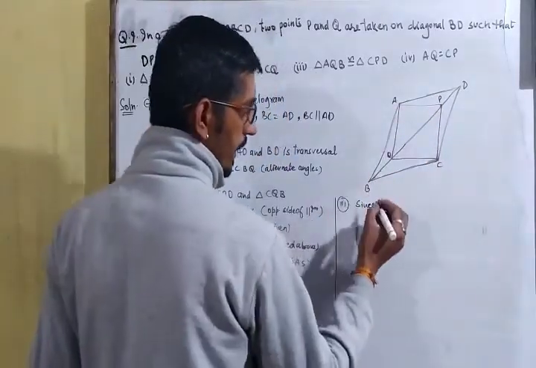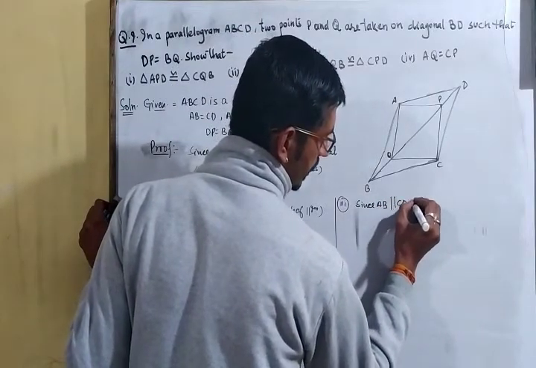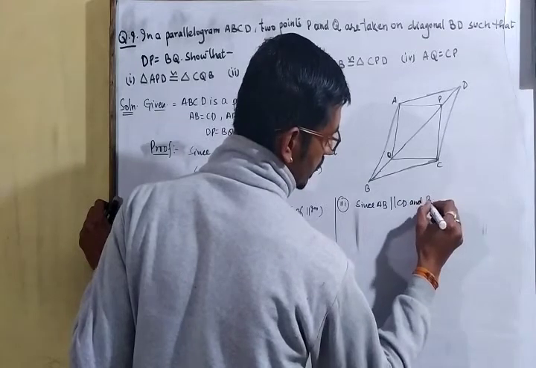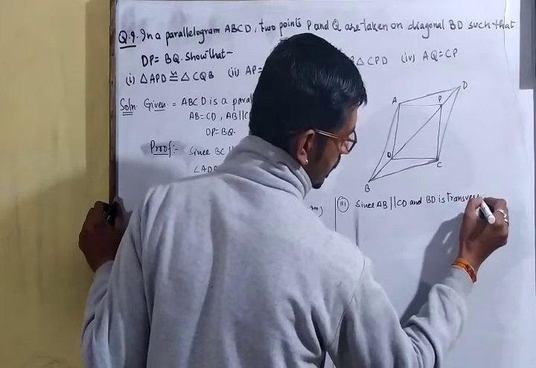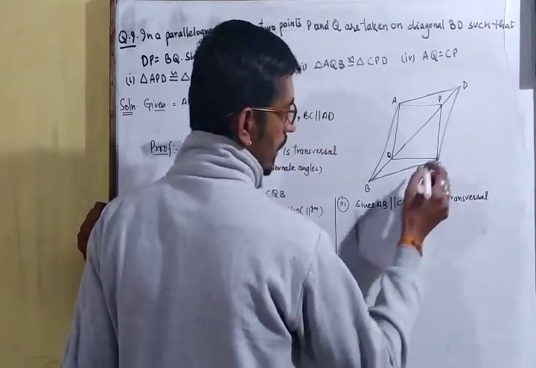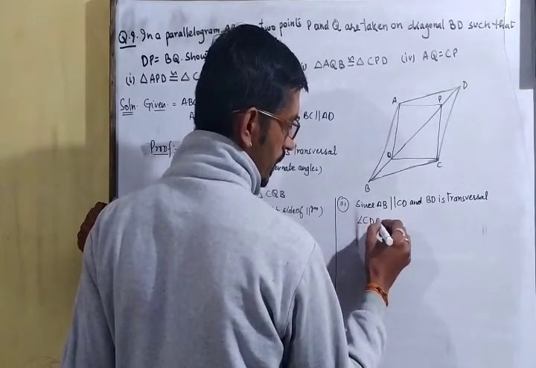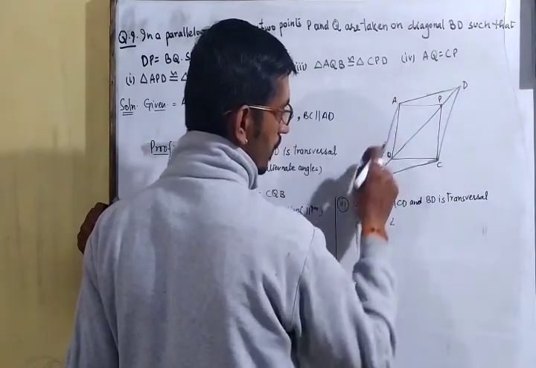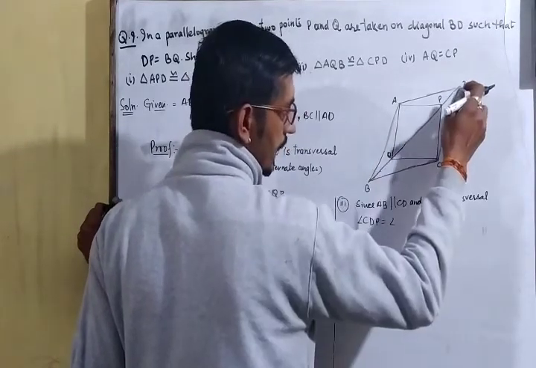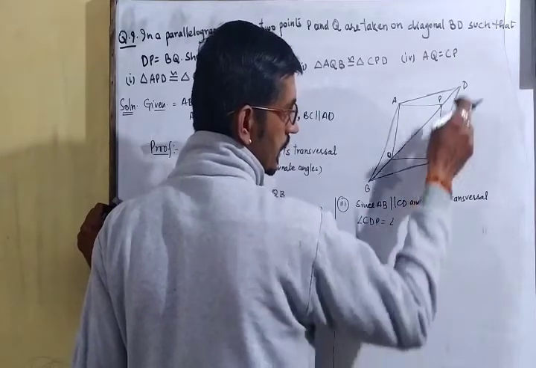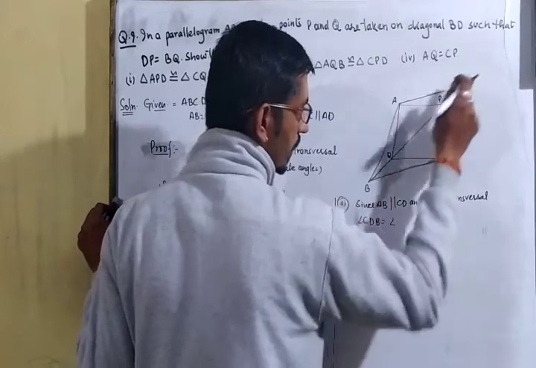So here you will write, since AB is parallel to CD and BD is transversal, what we can say, angle CDP is equal to angle ABQ, और D कहेंगे लेकिन CDB is equal to angle ABD.